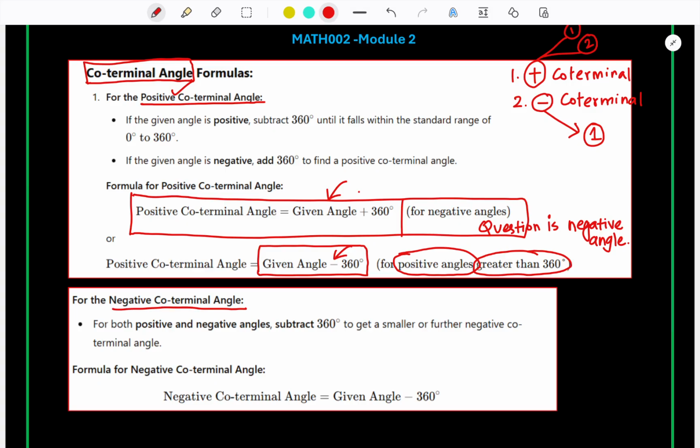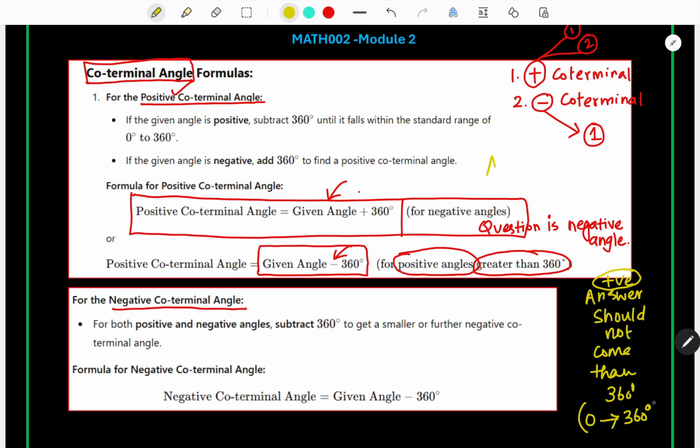It means your answer should not come more than 360 degrees for a positive co-terminal angle. It means your answer should lie between 0 and 360 degrees. That is why the formula comes as minus. Okay.